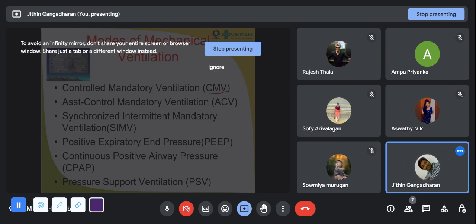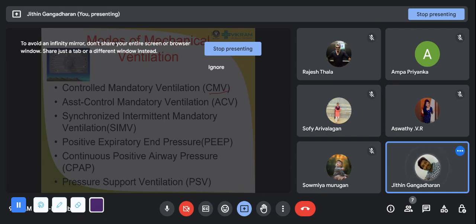Next is PEEP, positive end expiratory pressure. In PEEP mode, we maintain positive pressure at the end of expiration. So even when the patient expires the air, the machine gives a positive pressure to the lungs, which prevents the collapse of the alveoli.